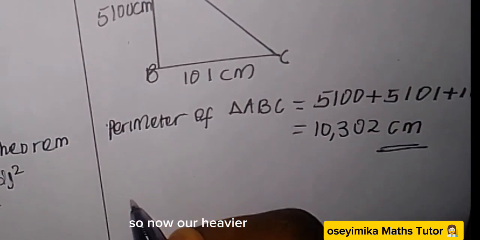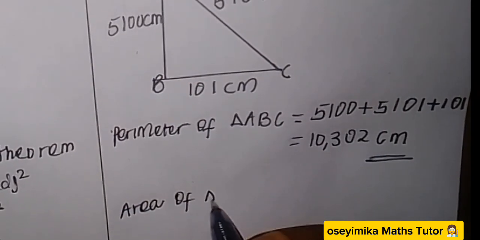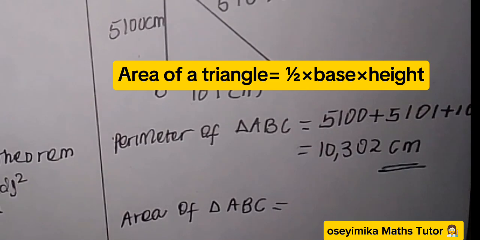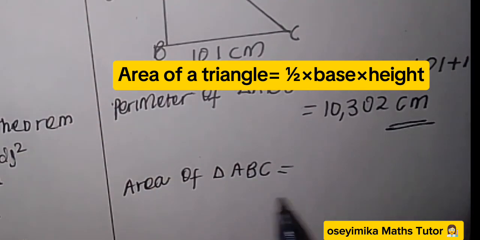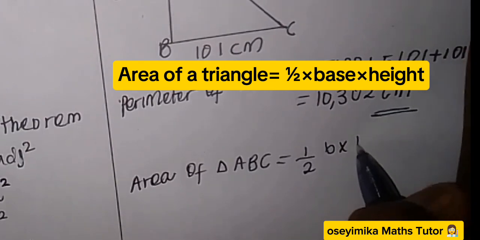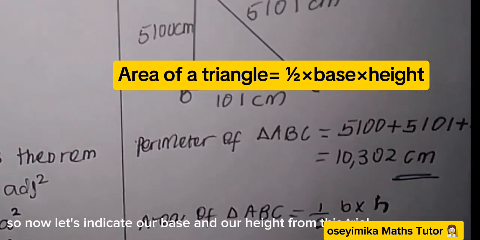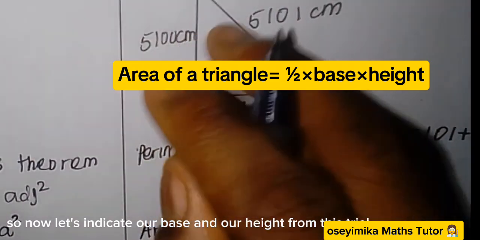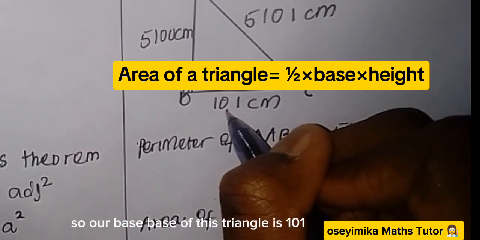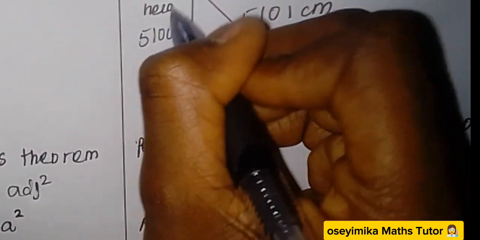Now our area. The area of triangle ABC, we know the formula for the area of a triangle is 1 over 2 base times height. Let's indicate our base and our height from this triangle. The base of this triangle is 101, then this is the height of the triangle.